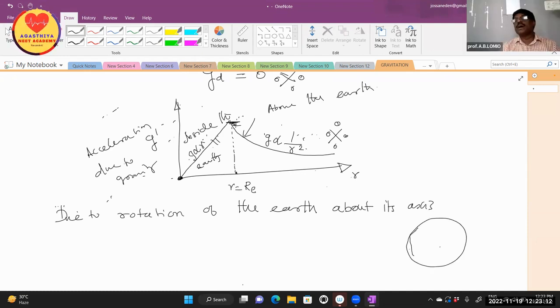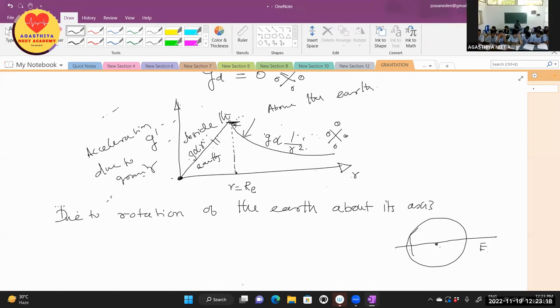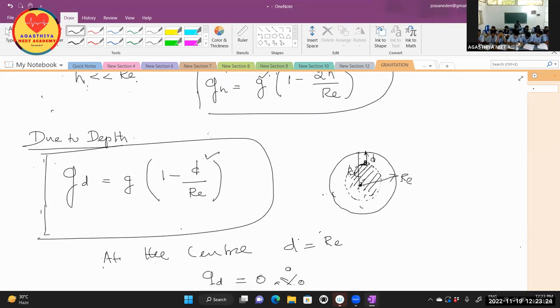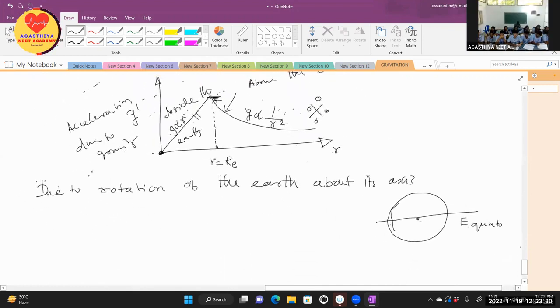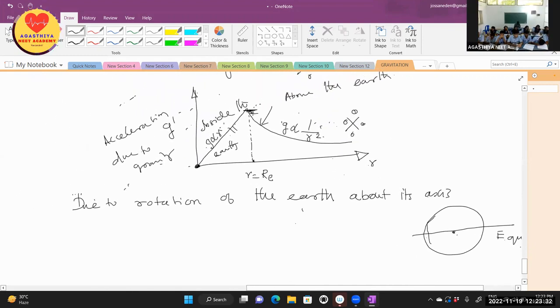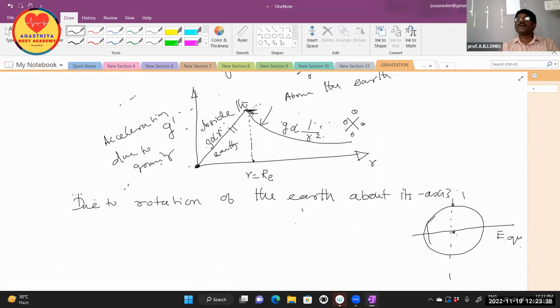Say this is the earth. This axis is the equator. Say this point is the pole.